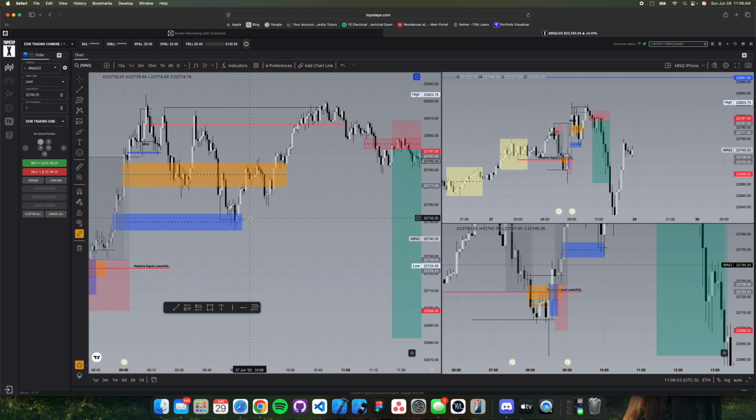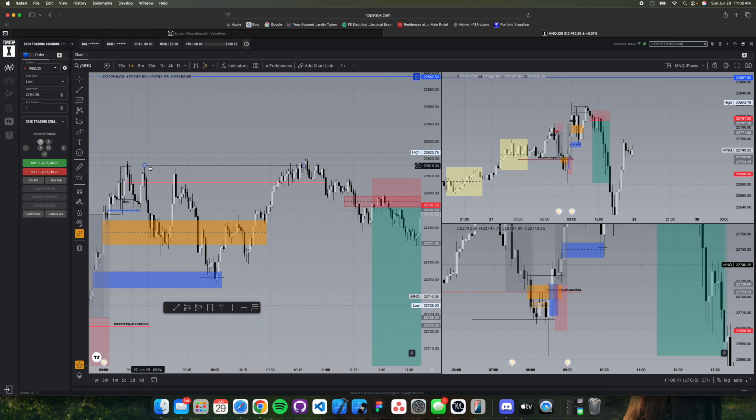Price hits this bullish fair value gap, moves back upwards into this bearish order block. We see price trade above this failed swing high. Price closes above, makes it back down.